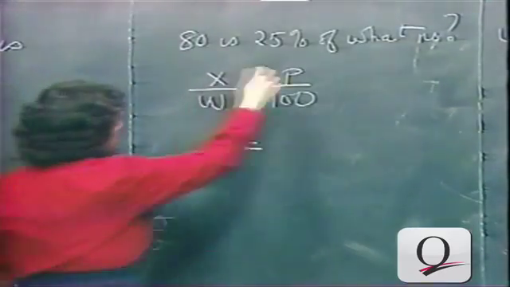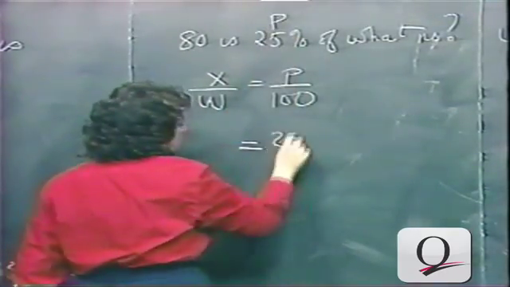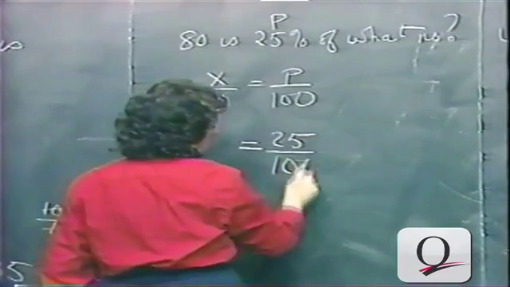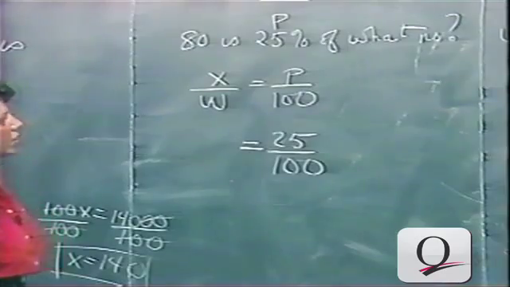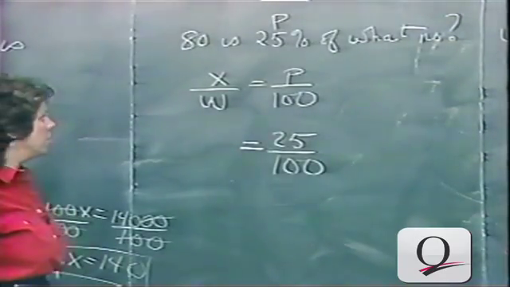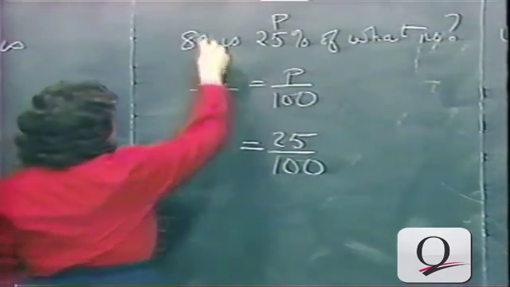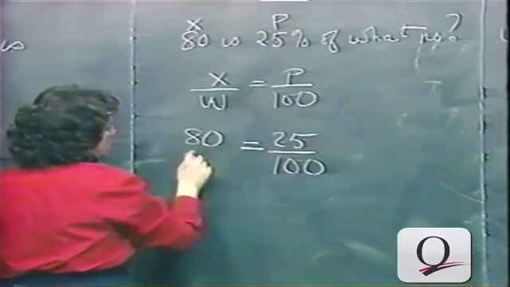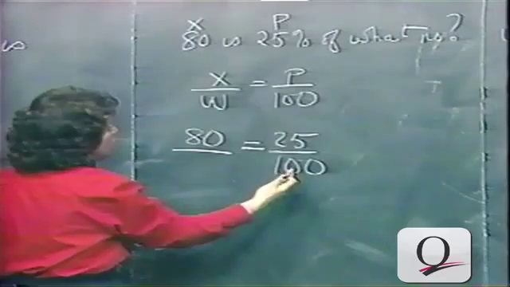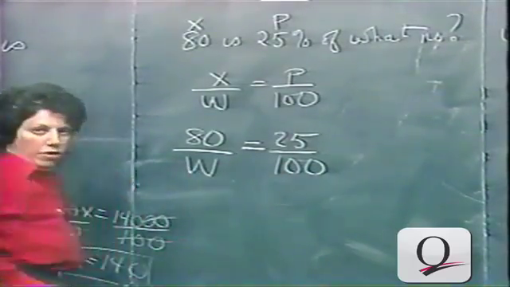The 25% must be the P. 80 is the part in this case, 80 is the X, and we're looking for the whole.